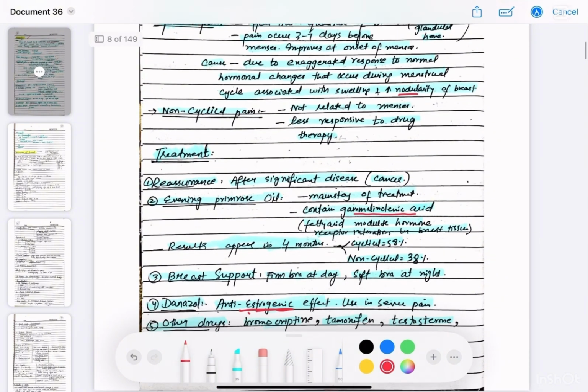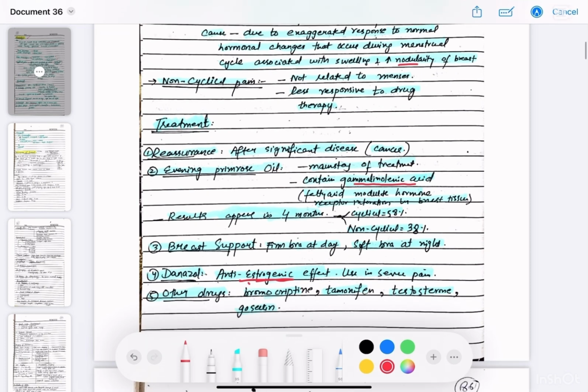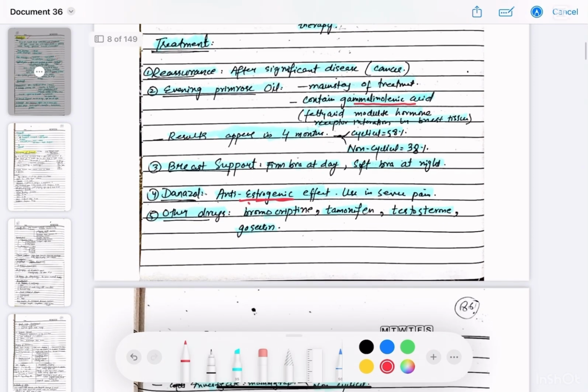The treatment option is to reassure the patient. Evening primrose oil is used, and it is the mainstay of treatment. It consists of gamma linolenic acid. Breast support is provided, and danazol is given in case of severe pain. Other drugs are testosterone, bromocriptine, tamoxifen, and gestrinone.